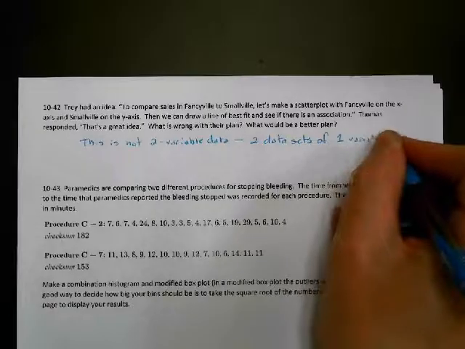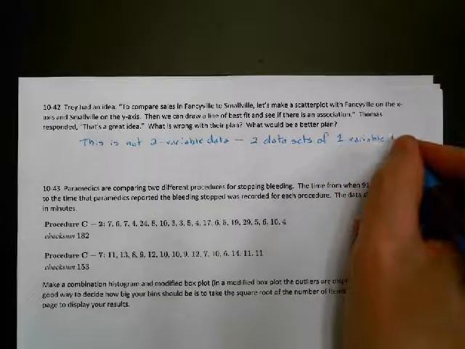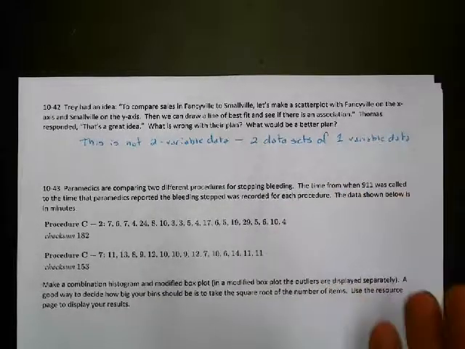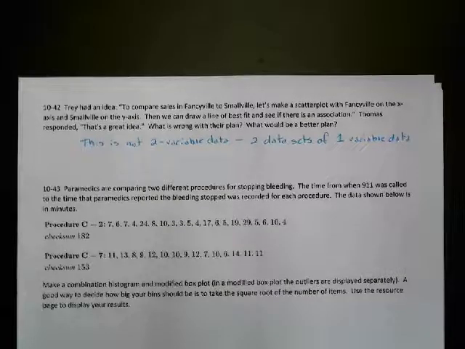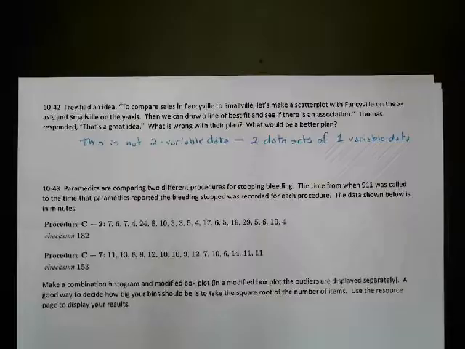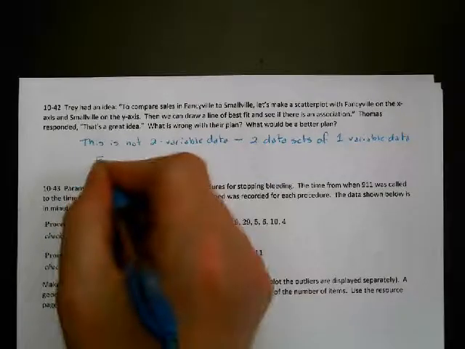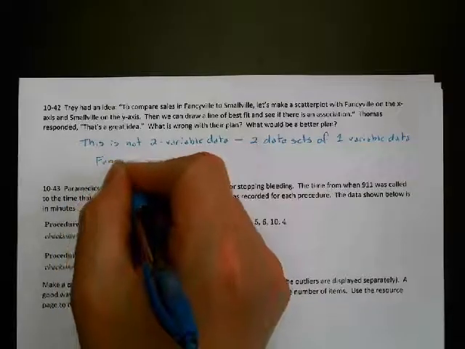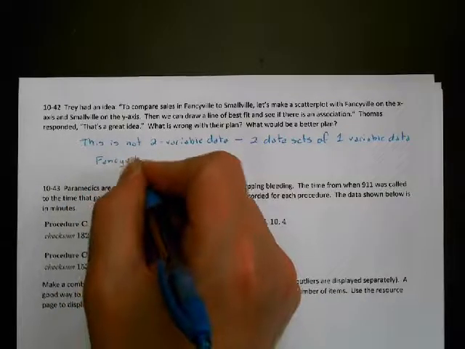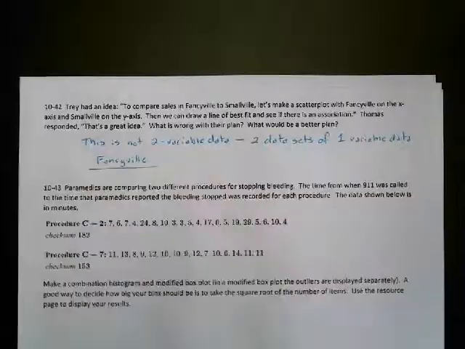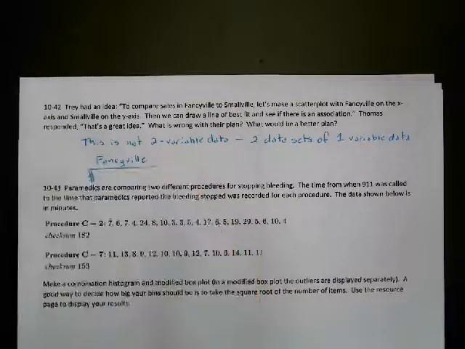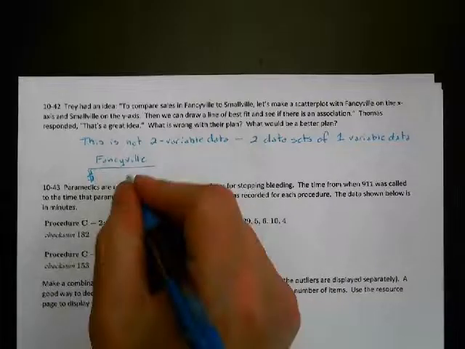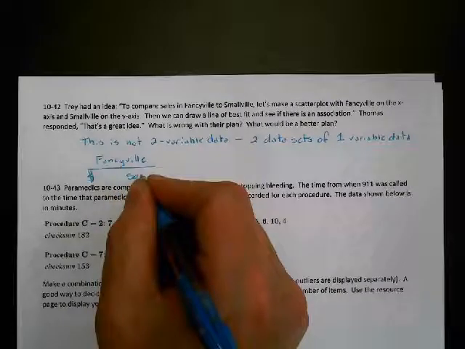You might be saying to yourself, Mr. Holcomb, aren't you just saying the same thing? Not necessarily. So if we wanted two variable data from this, here's what two variable data would look like. If I had Fancyville, their homes, I could look at the cost of a Fancyville home and maybe the square footage of a Fancyville home.